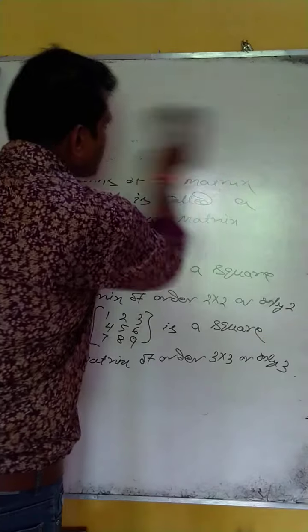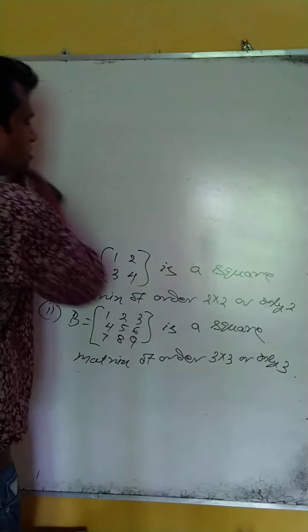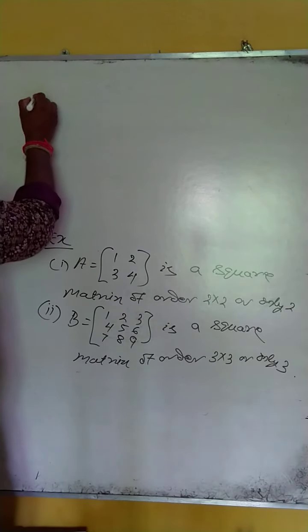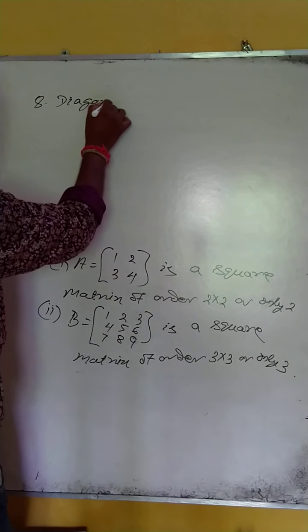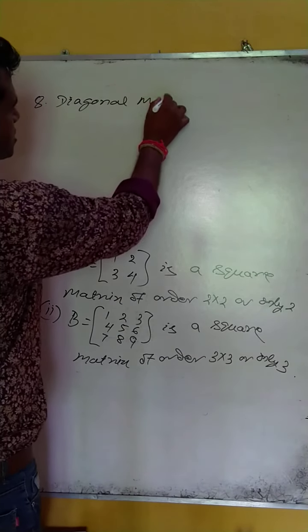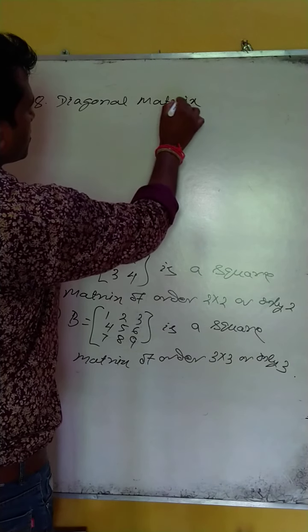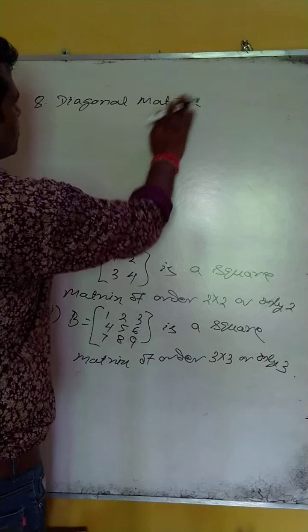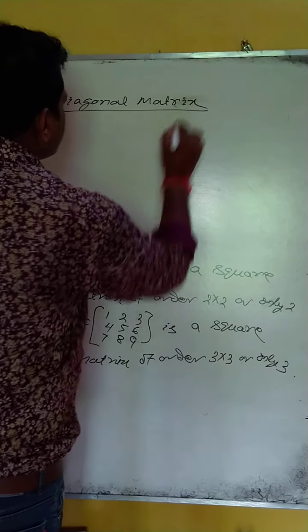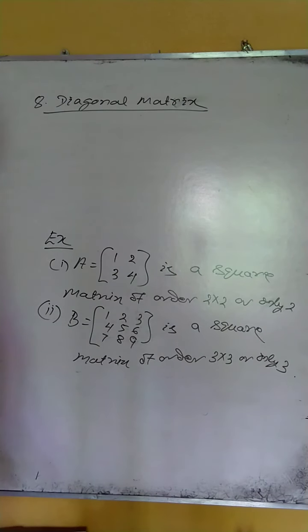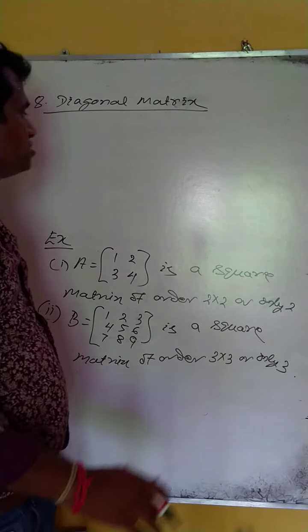So, diagonal matrix: a square matrix of which all the non-diagonal elements are 0.